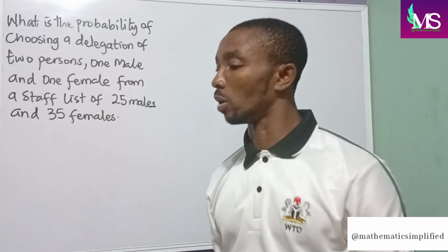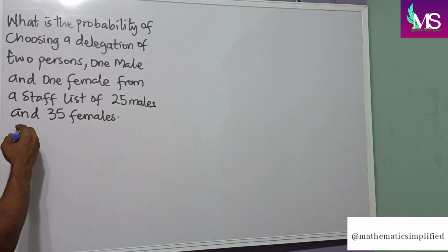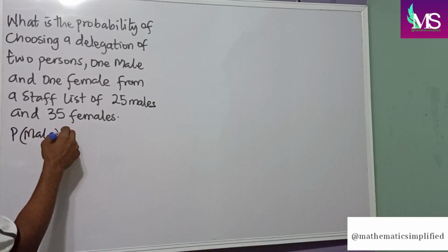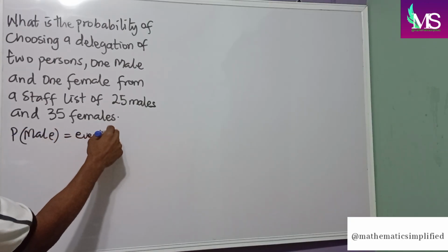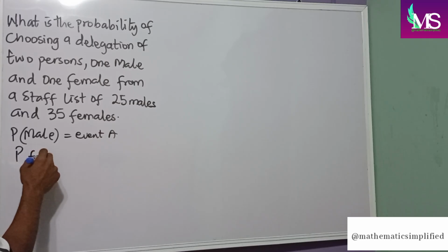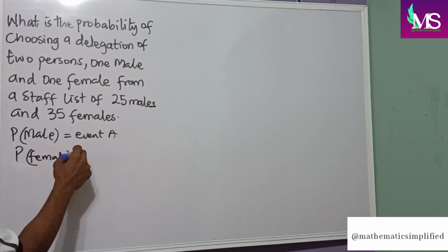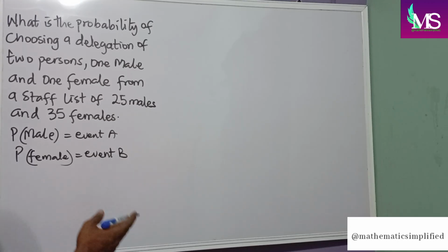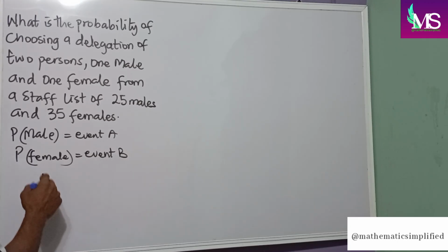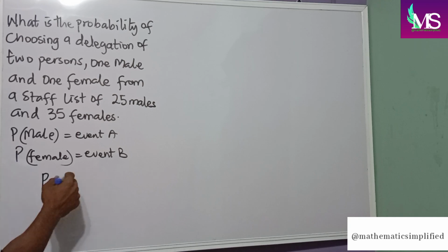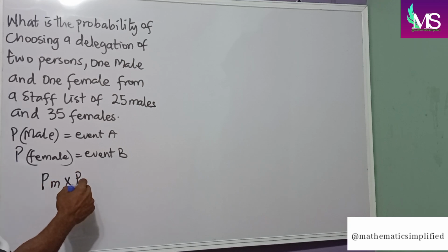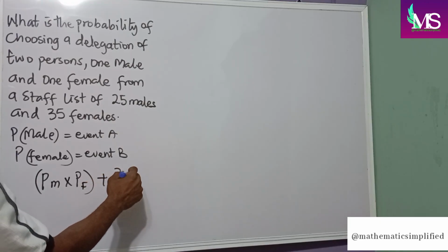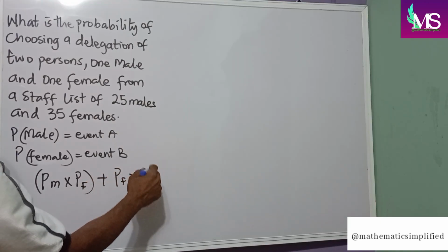Now, in order to calculate this, let's say selection of male, probability of male, will become event A, and probability of female will become event B. The probability of this is going to be probability of male times probability of female, plus probability of female times probability of male.